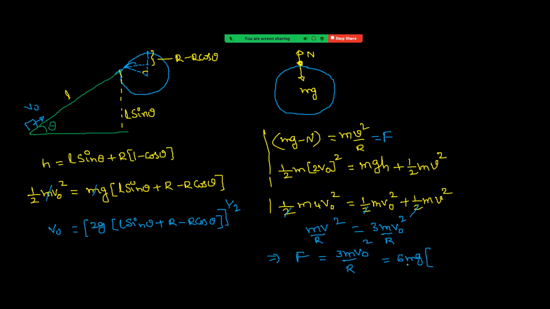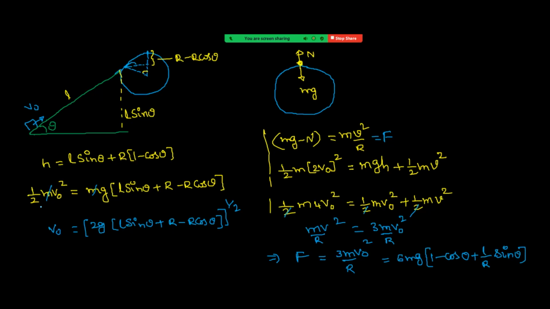Let me cross check once. What is the calculation part here? V naught value, see what we got: 2g into. Okay, now substitute here. The remaining is 1 minus cos theta, because by R. And this is cos theta plus L by R sine theta.